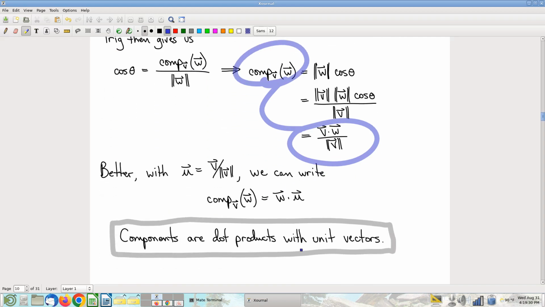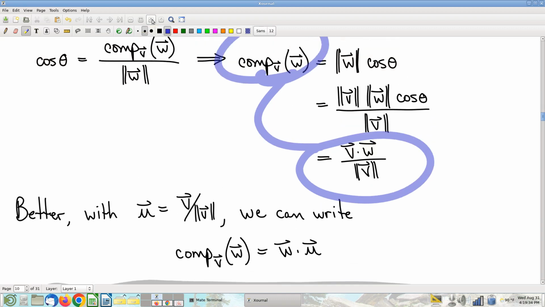And here's an even better version, in my opinion. This is just my own personal opinion. But I like to point out, check it out, we have there v divided by the magnitude of v. That's, again, that unique unit vector pointing in the direction of v, the direction in which we're trying to figure out the component.